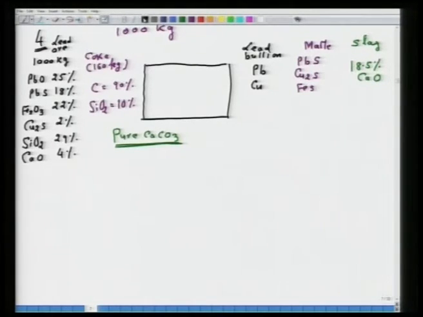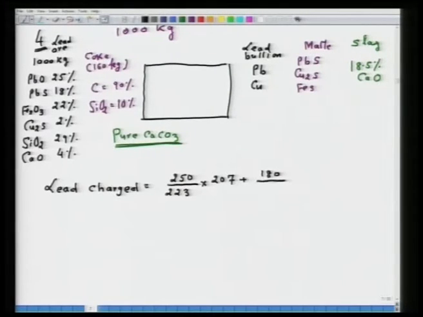Now, in order to calculate lead bullion, we first calculate the amount of lead charged. That will be equal to 250 upon 223 into 207 plus 180 upon 239 into 207.